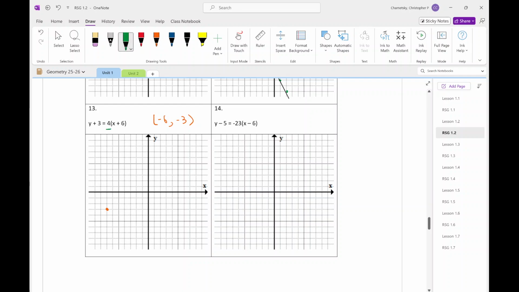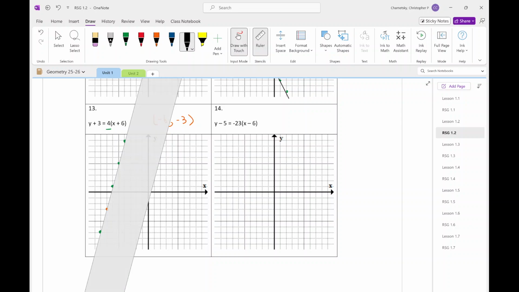And our slope is +4. So we'll go up 4/1, up 4/1, up 4/1. We'll graph that line.